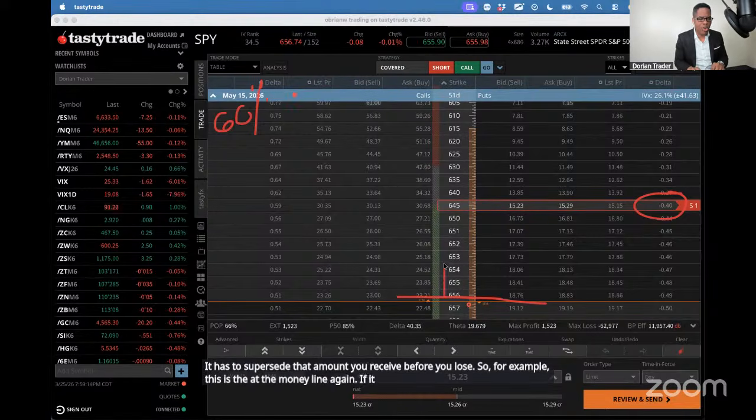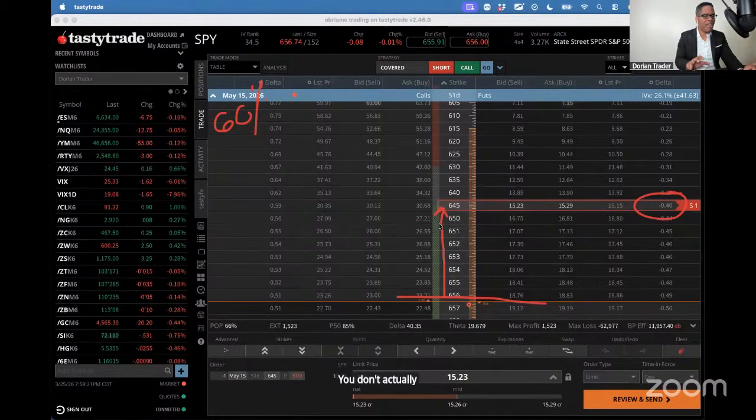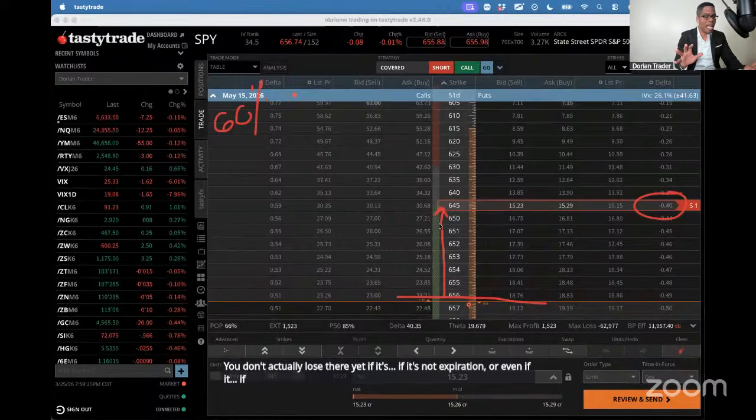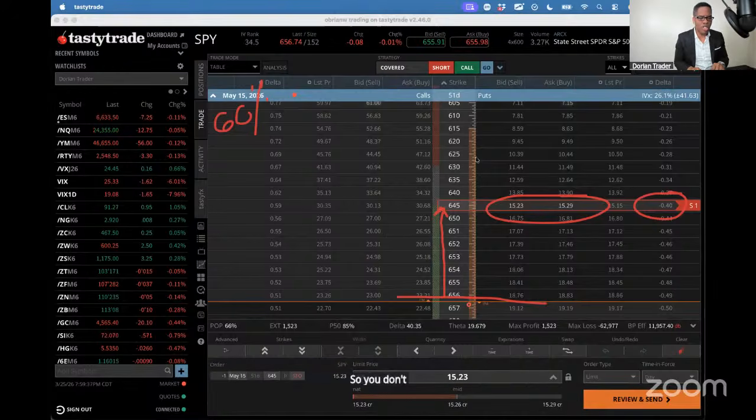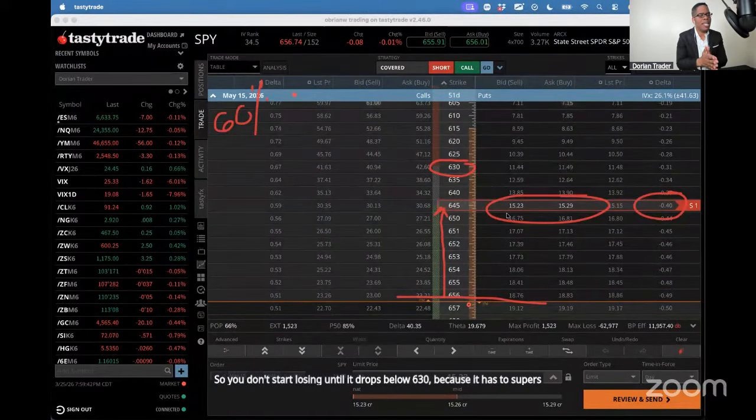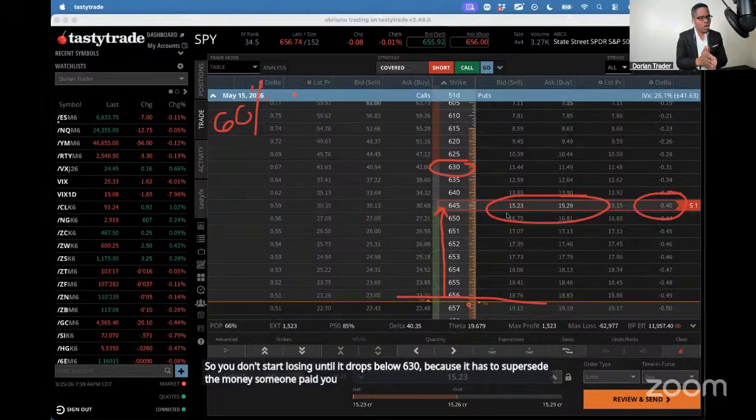If it drops, and this is going down on an option chain, and hits this 645, you don't actually lose there if it's at expiration, because someone has paid you $15, let's just say here. So you don't start losing until it drops below 630, because it has to supersede the money someone paid you. Just like I told you earlier, the car insurance analogy.